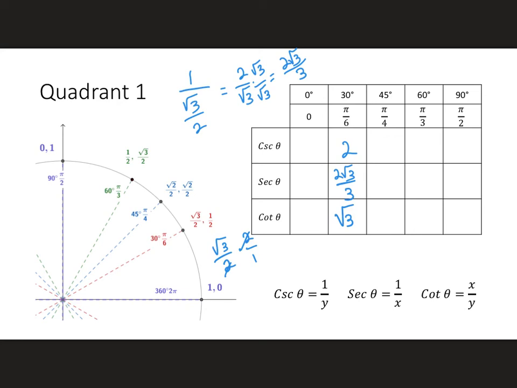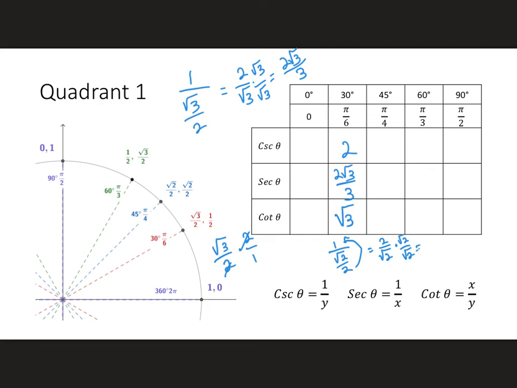The 45-degree or pi over 4 angle, the cosecant is 1 over y. So 1 over the square root of 2 over 2. That will make this lower denominator go up into the numerator. It's 2 over the square root of 2. Well, now we get to rationalize. Square root of 2 over square root of 2.